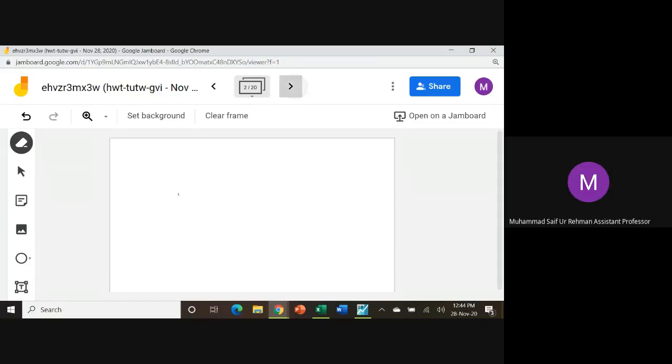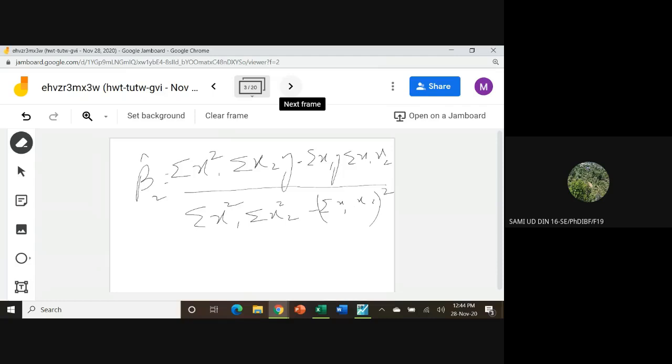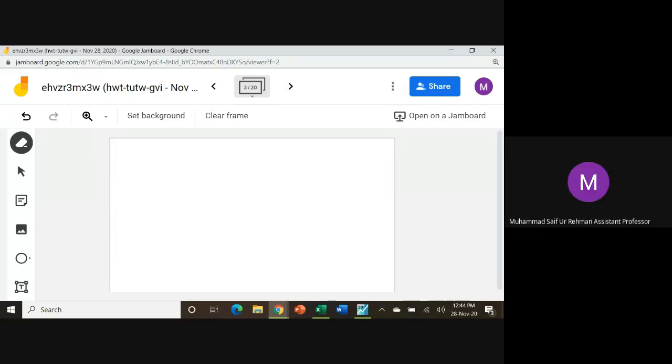You can simply write down summation yi. You have to multiply this with x2i, and then summation x3i square.